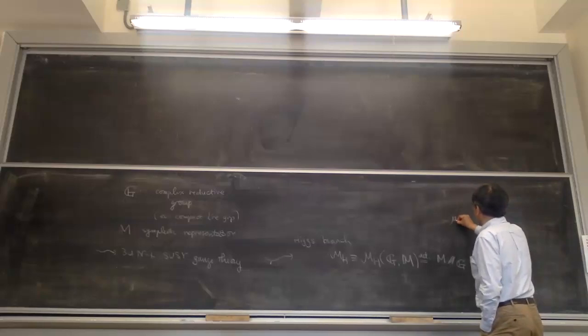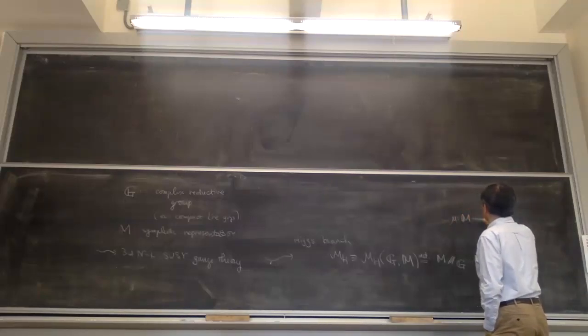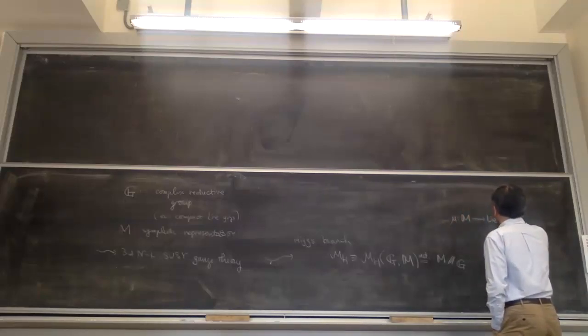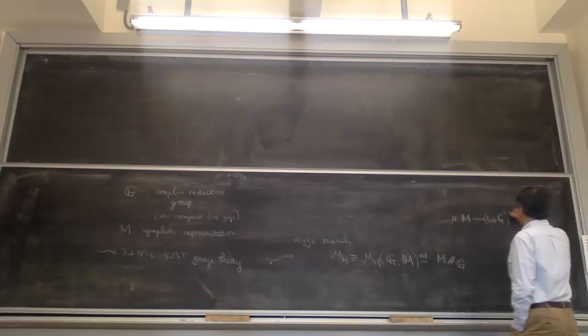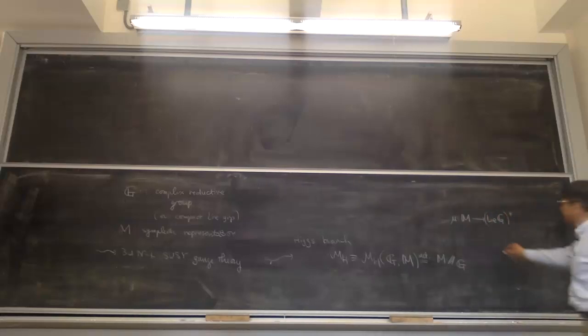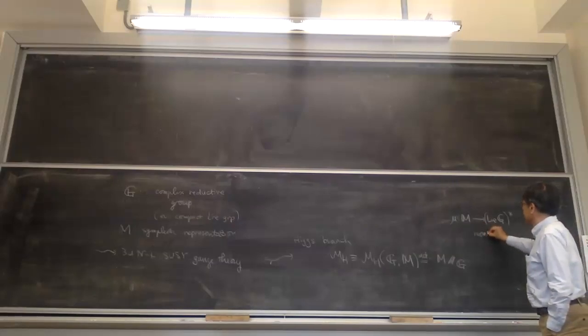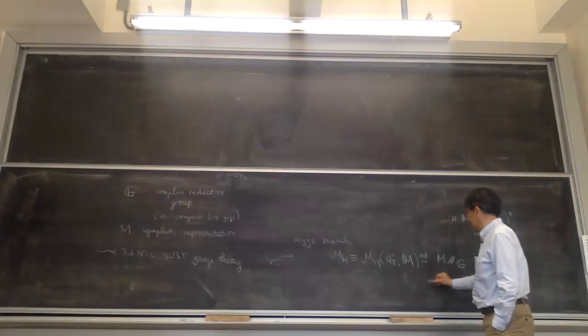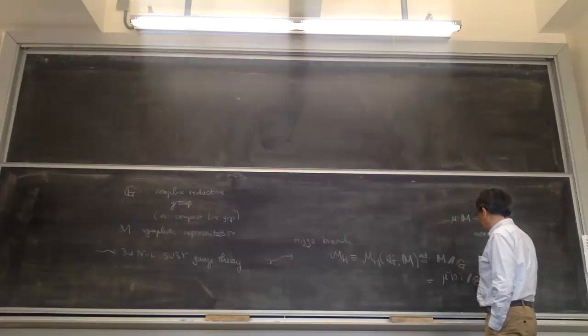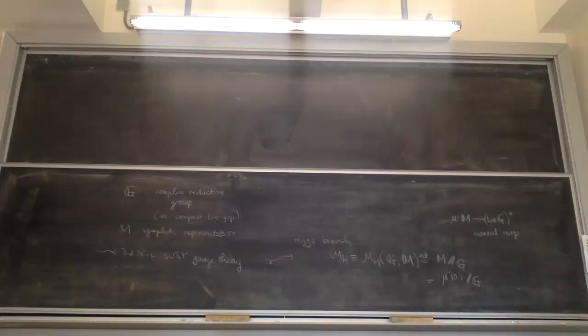So you have a moment map, and then you take the inverse image of 0 and take the categorical quotient by G. So this is the definition.